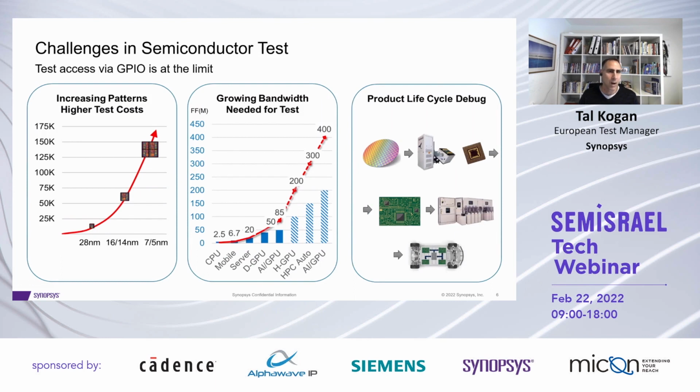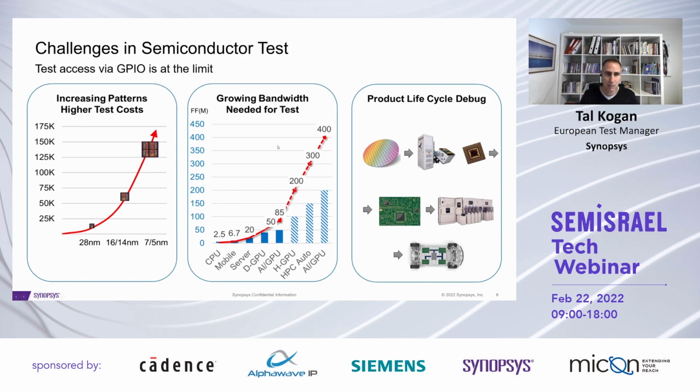So why is there even a problem? You can see here that the number of patterns in the test world keeps rising as the technologies keep shrinking. The typical number of patterns that you need in order to achieve your test coverage goals keeps rising, and that's money at the end of the day. Money that you have to pay for this test time. Now, the number of flops keeps growing.